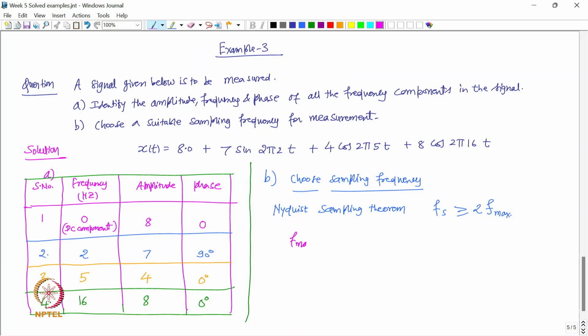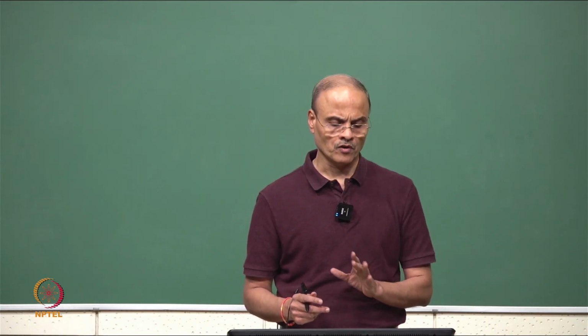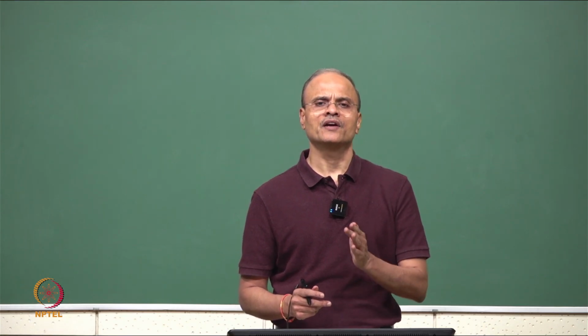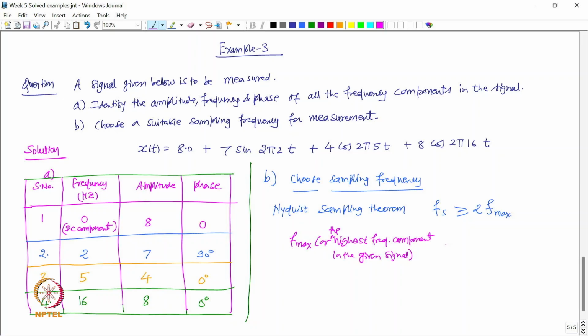So, what is the highest frequency component present in this signal? When we say highest frequency component, we are talking in terms of the frequency, not the amplitude of the component, but the frequency of the component which has the highest frequency. In the present problem f max is 16 hertz, as we can see from the table.